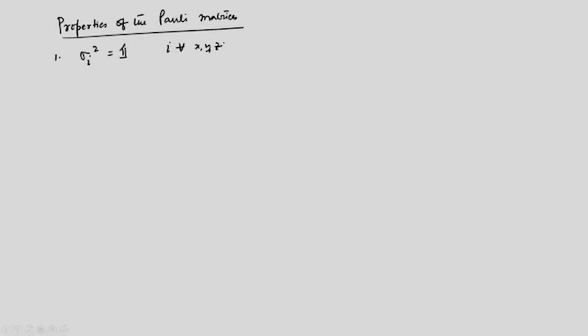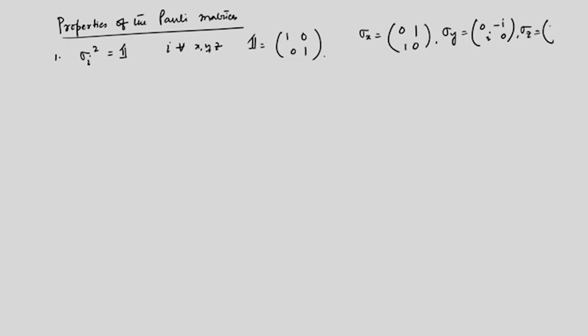So, sigma x square equal to 1. Now, this 1 is the identity matrix. So, just to clarify things, this is equal to [1 0; 0 1]. This is true for all of them, and sigma x is written as [0 1; 1 0], sigma y equal to [0 -i; i 0], and sigma z is equal to [1 0; 0 -1].